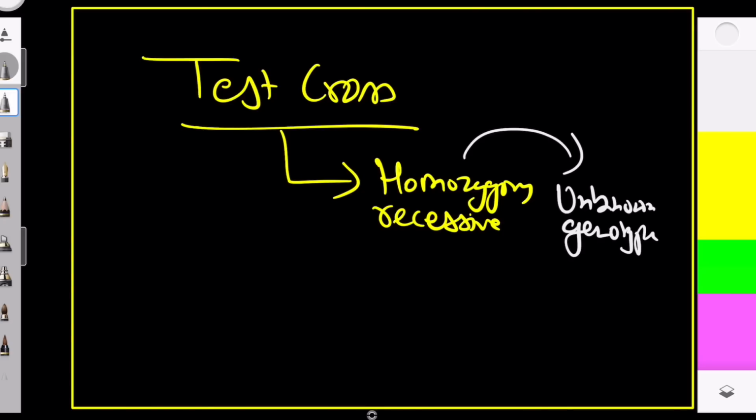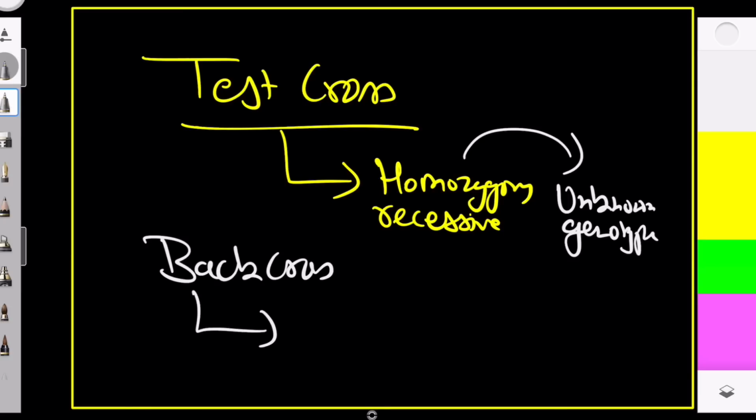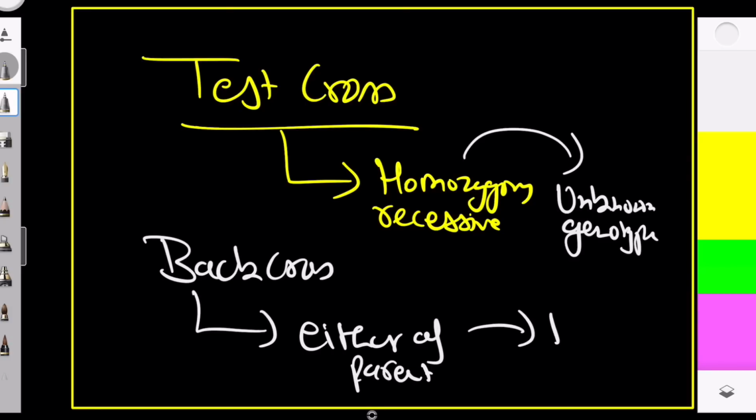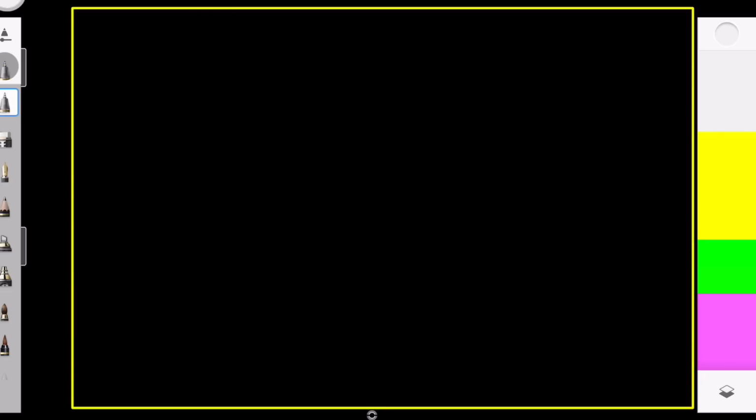Keep in mind, in test cross we cross with homozygous recessive individuals, not parents, to know the unknown genotypes. In back cross, we cross with either of the parents, and I have told you the purpose, to restore genes. Hopefully you have understood what test cross is and what back cross is.